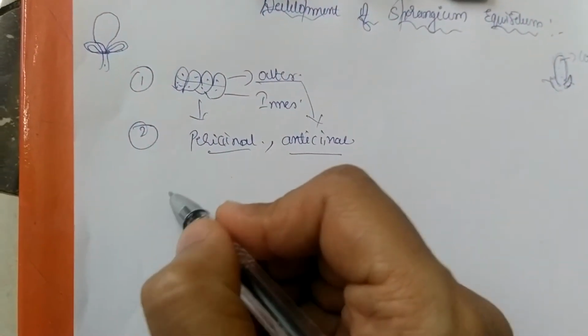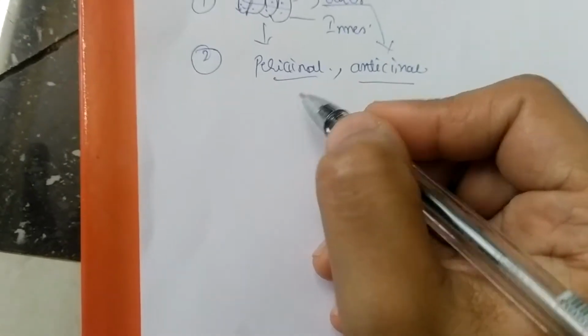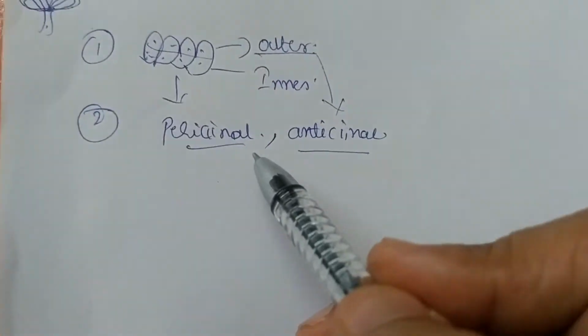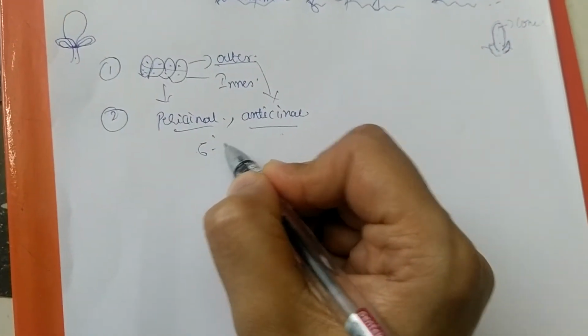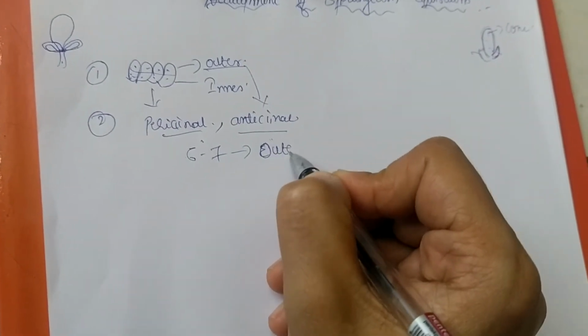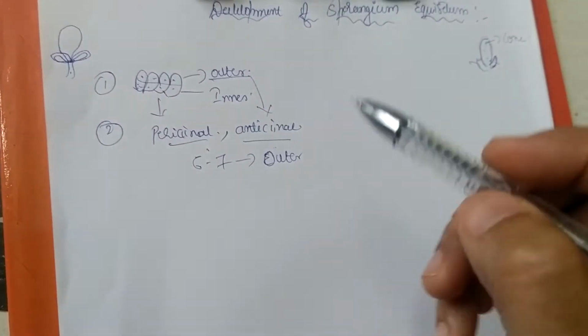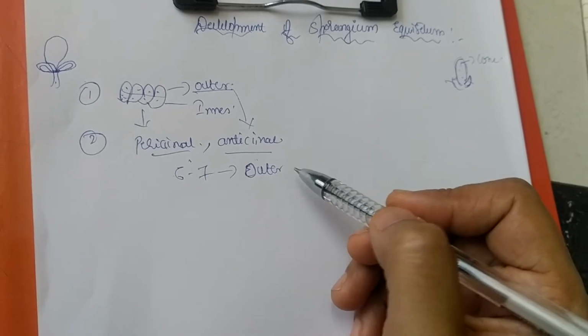In the sense, there will be some 6 to 7 layers of cells formed from this outer cell because of the periclinal and anticlinal divisions. Now the fate of these 6 to 7 layers is not that they are going to form entirely the outer jacket, because we have seen that the developed sporangium has only 2 outermost layers.